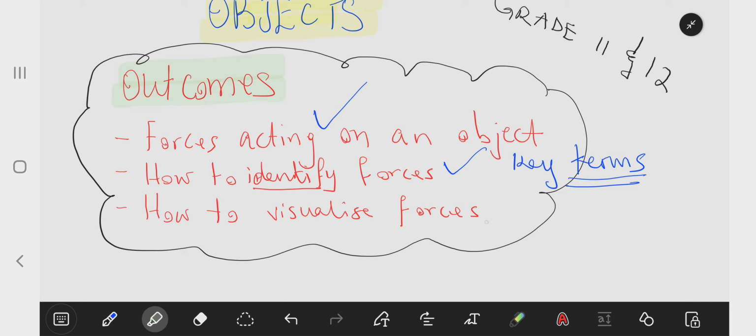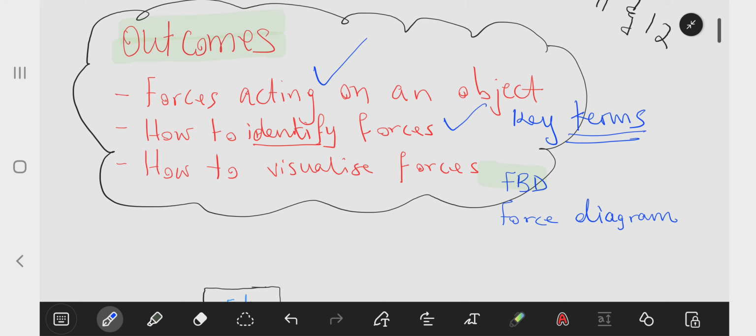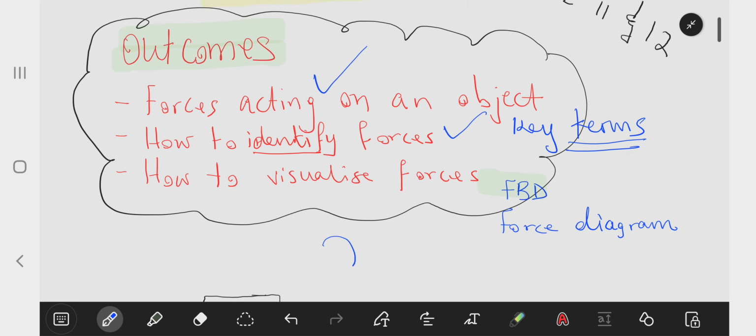So we visualize using what we call a free body diagram or a force diagram. Okay, so a free body diagram is a diagram that is represented by a dot, okay? And then all the forces that are acting on this object, they are drawn from this point, okay?